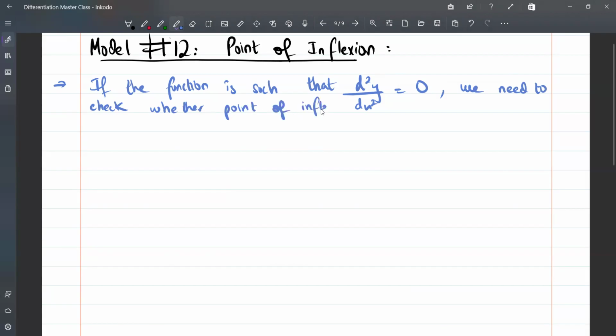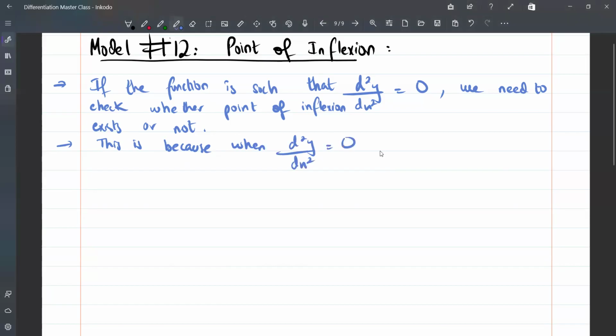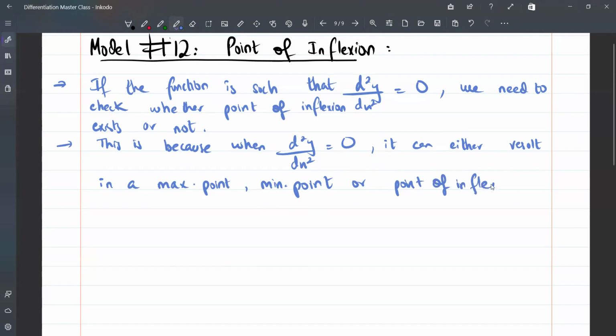This is because when d square y upon dx square is equal to 0, it can either result in a maximum point, a minimum point, or a point of inflection.